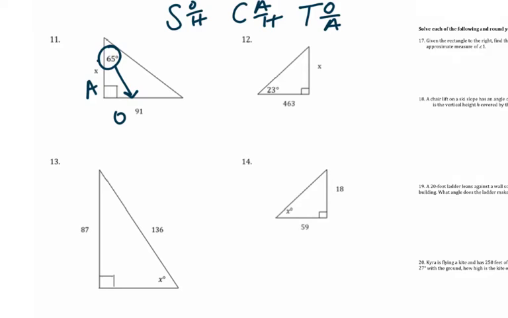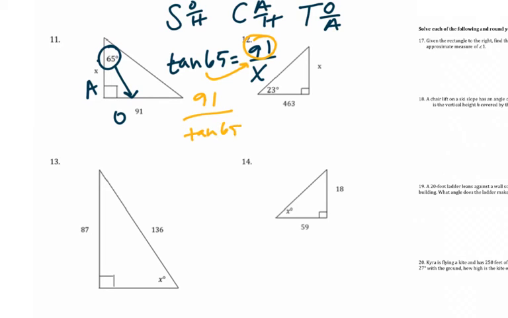So we have tan of 65 equals the opposite over the adjacent. What we said is if the number's on the top, it stays on the top. And in the calculator, you're going to write 91 over tan 65. And that leaves you with the number 42.3.